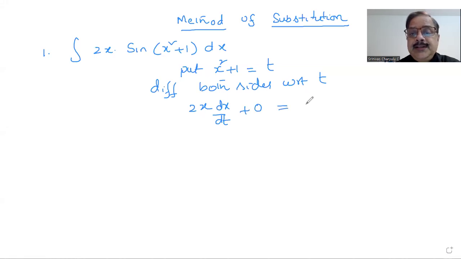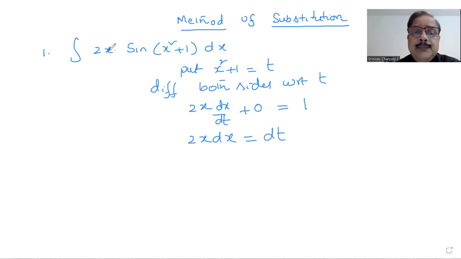This side, t differentiation with respect to t is 1. So that means 2x dx is equal to dt. You cross multiply with 1. 2x dx will remain on the left side, and the right-hand side will get a dt.